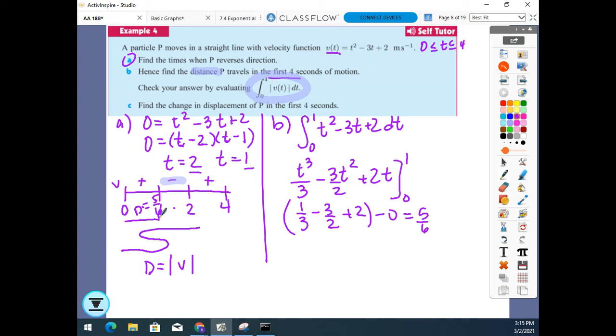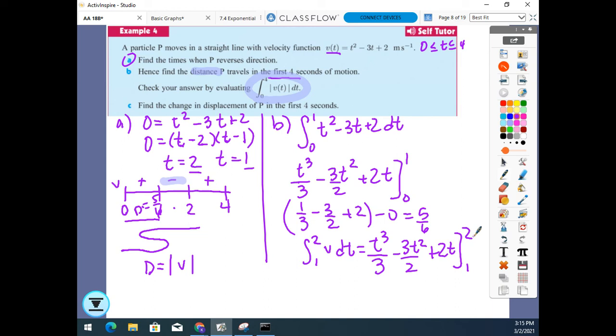Now I'm going to do the same thing, but from 1 to 2, this is going to give me a negative value. So I'm going to go from 1 to 2 of, I'm just going to write my velocity. So I'm going to do this whole integral all over again. But this time I'm going to go from 1 to 2.